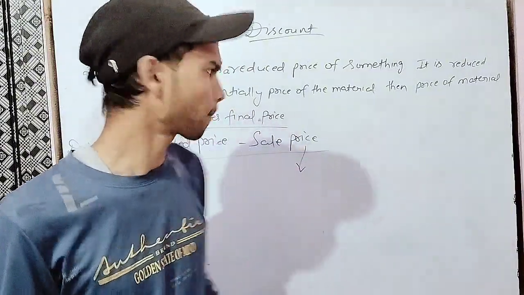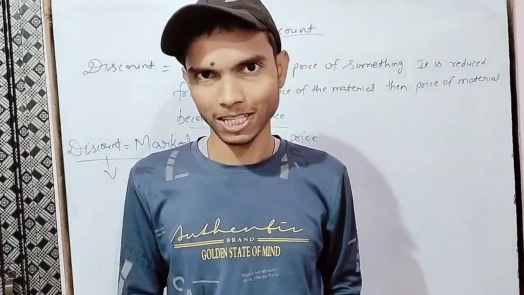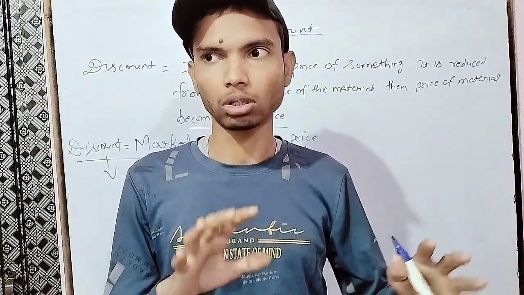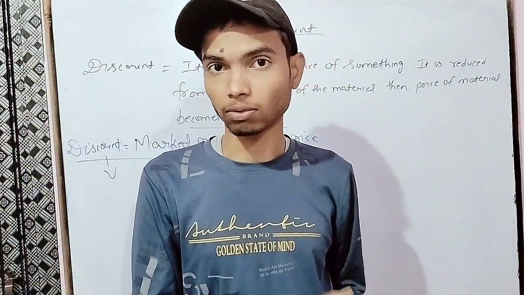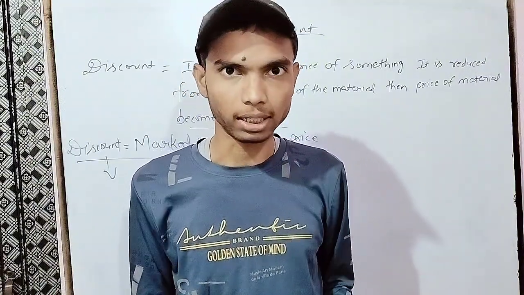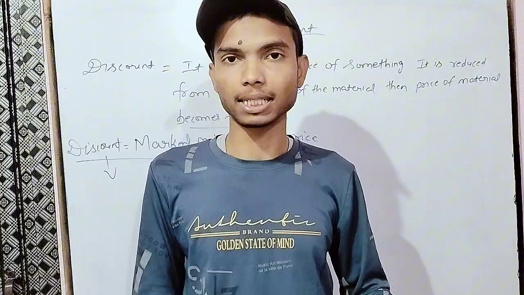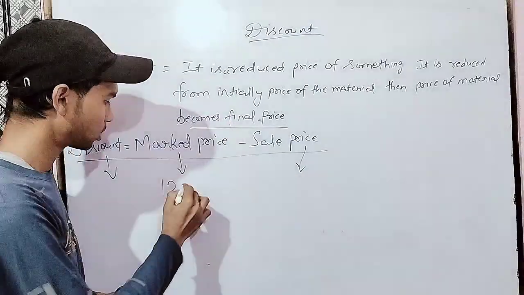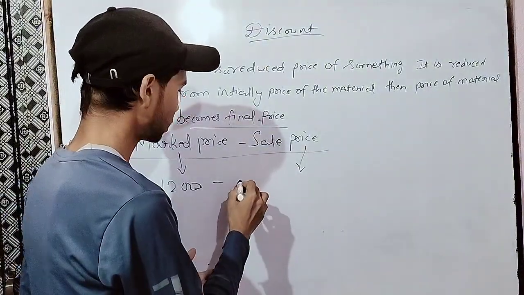Let's say we bought clothes. The market price of the clothes that I bought was 1200, and I bought the cloth at 800.